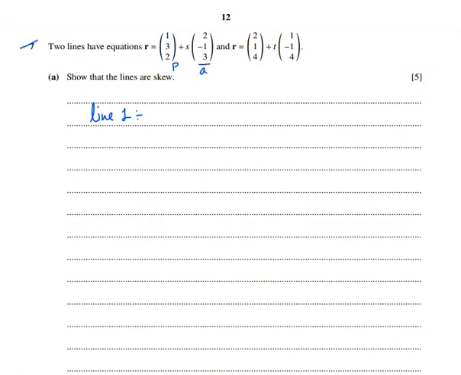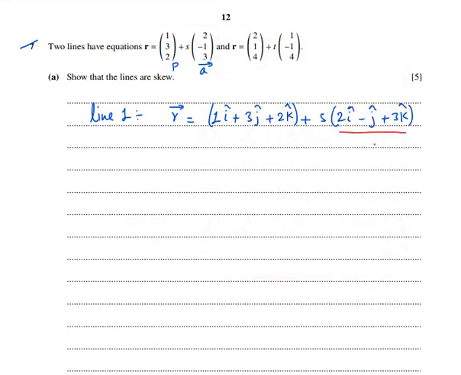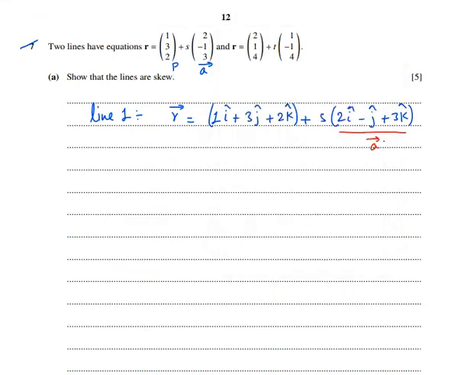So we can say, if this is a vector associated with line A, let me write the equations first. So we have finally r is equal to 1 i cap plus 3 j cap plus 2 k cap. This is the point, plus s, a scalar, multiplied by 2 i cap minus j cap plus 3 k cap. Okay, so the vector associated with the first line is this. Let me call this vector A. Then next we have the equation of line 2.